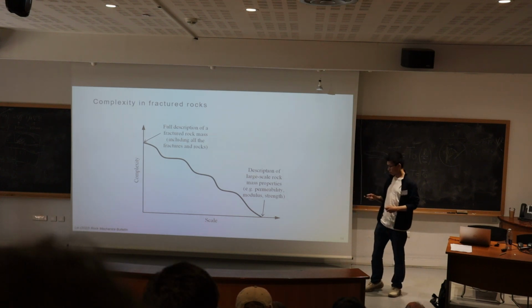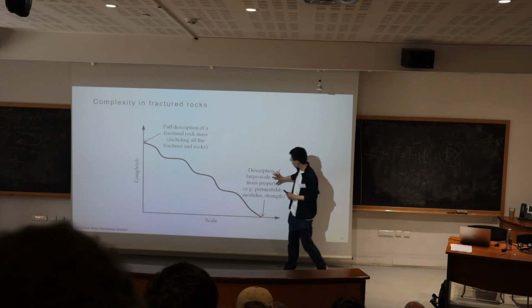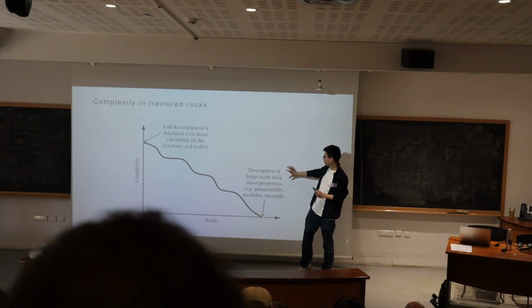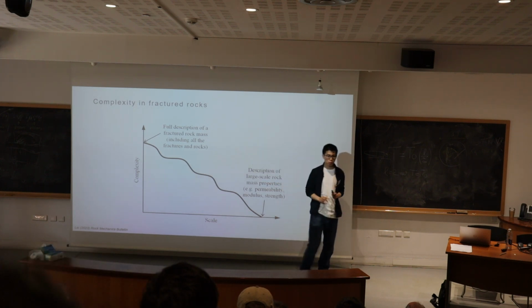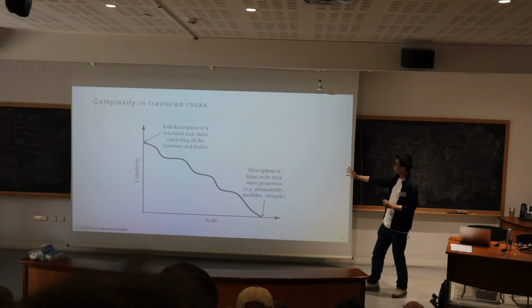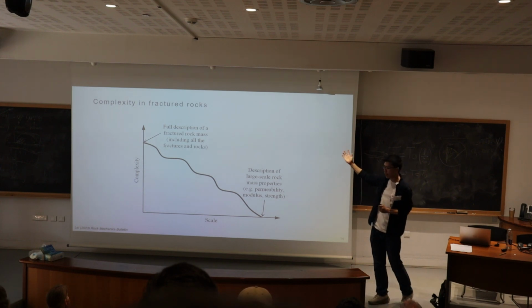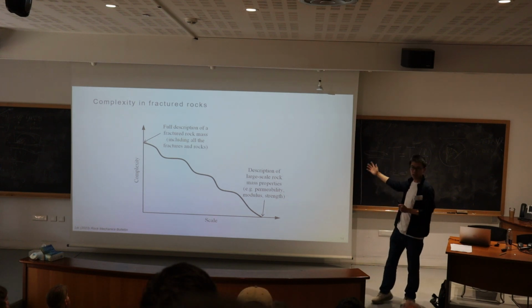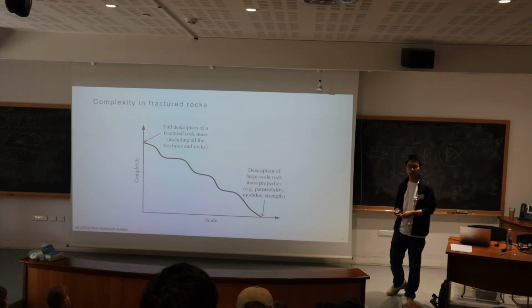Right? So to be able to better understand the large-scale properties, we have to go to the small scales. Although we will increase the complexity, this could help us to understand the origin of the different kinds of macroscopic phenomena and properties in the system.